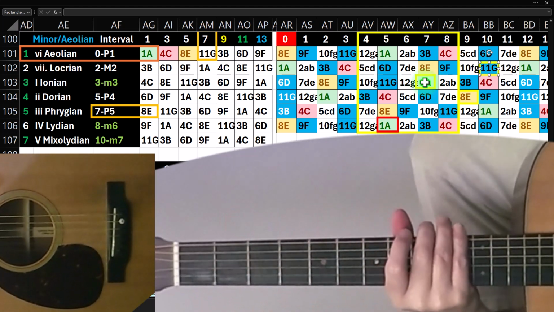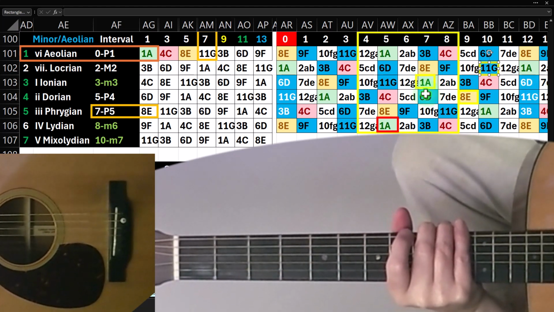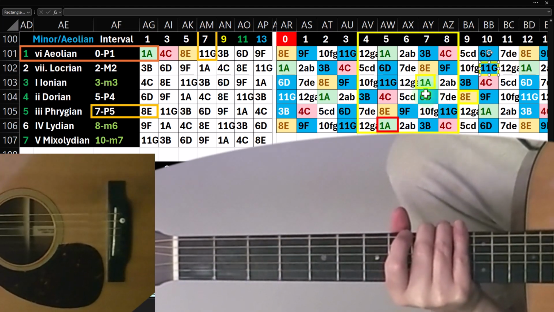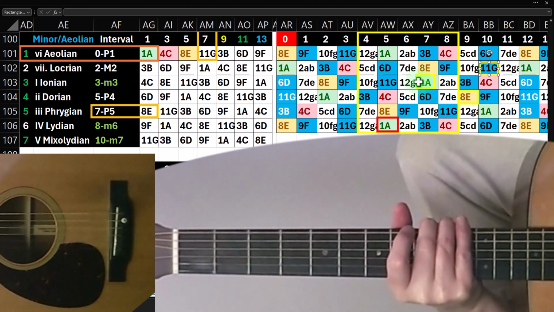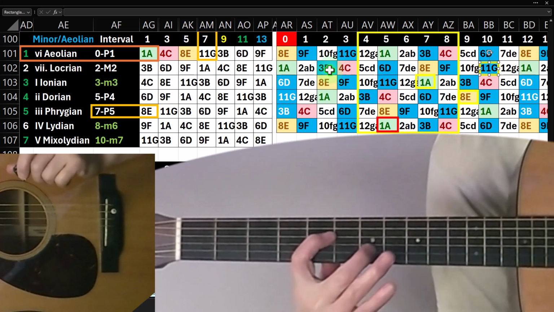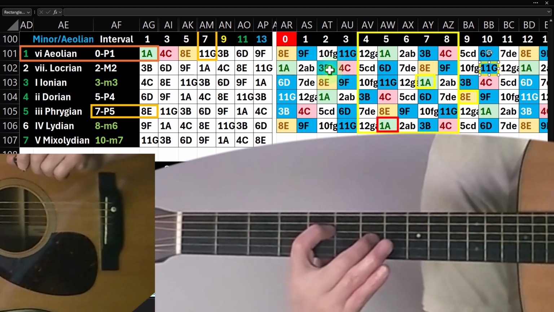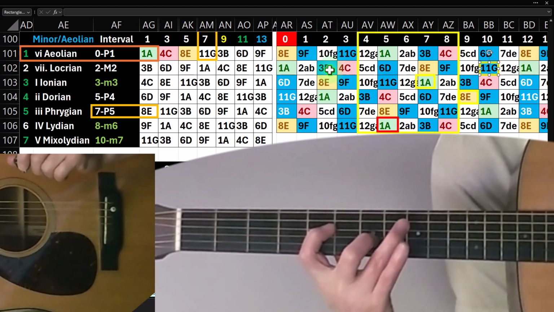Because it's the same pattern, basically, it's going to work on the same strings up and back. And in this case, you're not keeping the shape the same. You're changing the shape, but keeping the same idea: I'm going to put my finger on this string, and I'm going to reach down here, and then I'm going to put this finger on whatever fits in the pattern.